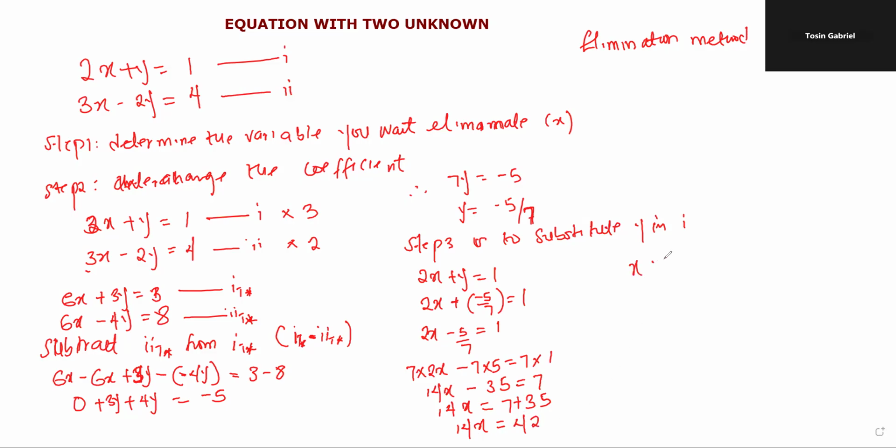And therefore your x is going to be 42 divided by 14. 7 in 42 is 6, and 7 in 14 is 2. Therefore, this should give you 3. That's our answer. So the value of x, comma y is 3, comma minus 5 over 7. So that is how to do it.